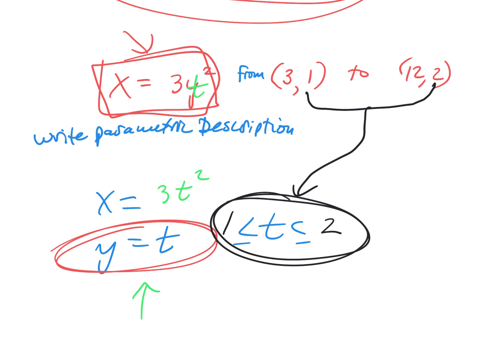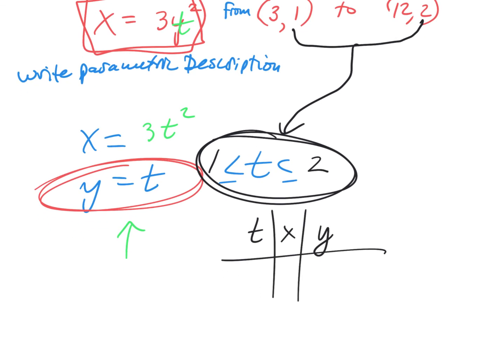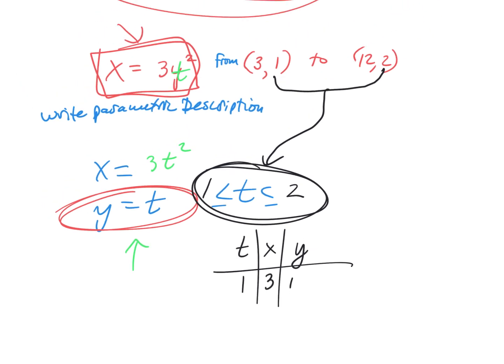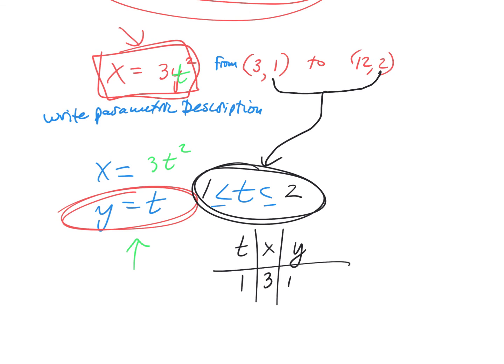All right, so we're going to check this thing, t, x, y, and make sure that the points actually work out. And if our t is 1, what would the x be? 3 and 1. Ooh, look at that, it worked.